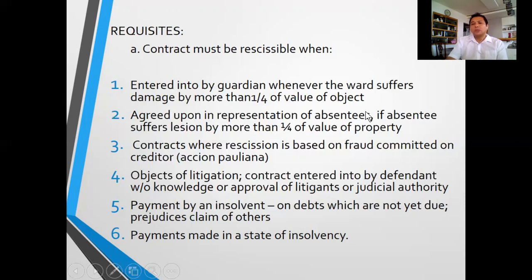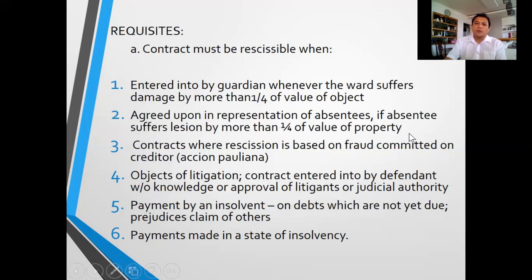So we assume that he is absent, or he can be assumed to have probably died in Iraq because there's an ongoing war there. So that is a case of a person who is considered an absentee.